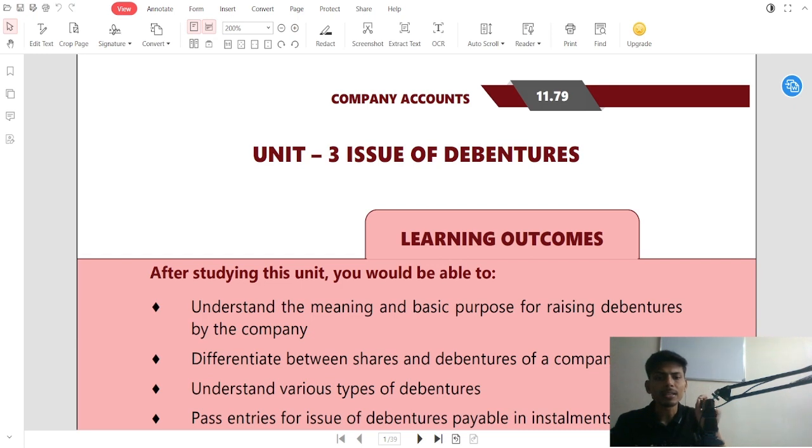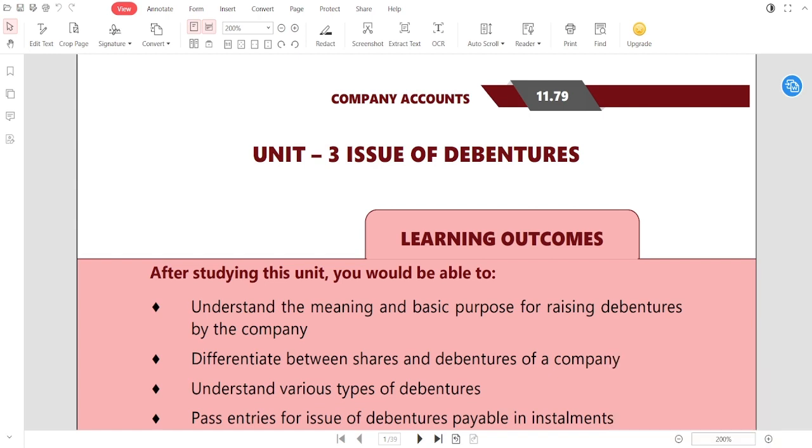The first thing, very important: if I have a sole proprietorship business, meaning I'm a single person running, let's say, a school bag shop, and I want some money for a big order, let's say 500 bags, what do I need?